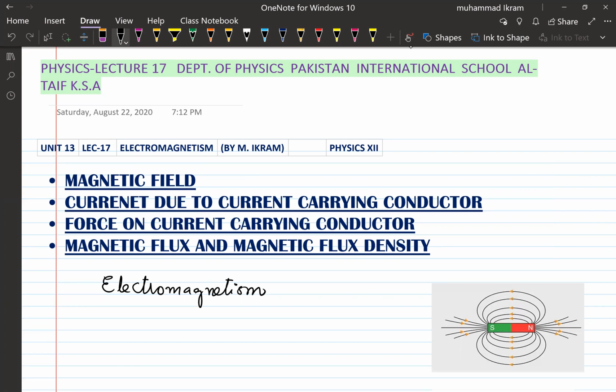Electromagnetism is in fact the magnetic effect of a current, right? In this chapter, we will study the magnetic effect of a current.